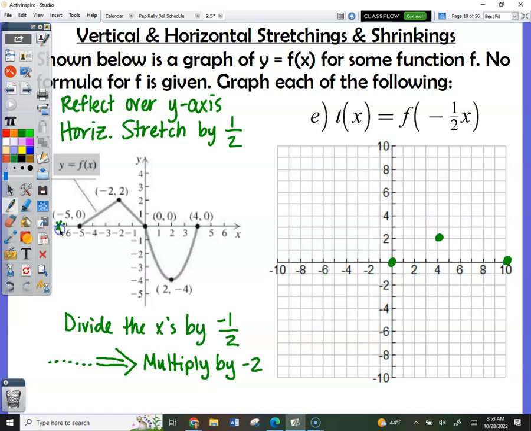So this is times negative 2. Oh, okay. You see it now? Because remember, it's going over the y-axis. So this is actually going to go over there, and now we're going to have a curve down here. So this would be -4, and then this would be -8.